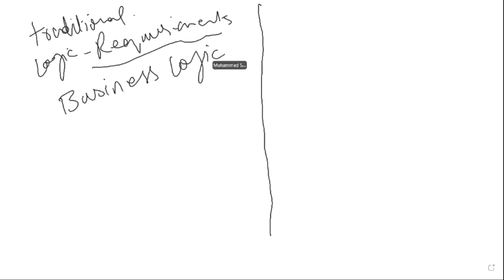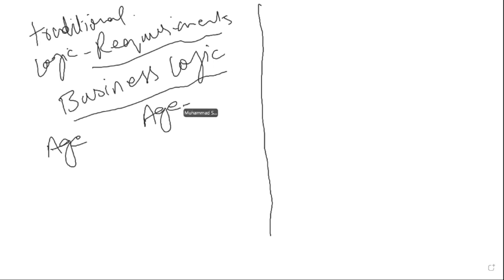And in our applications, we apply this business logic, and based on the logic, the system will execute and generate some sort of output. Now, let me take a very simple example of two variables. One is age, and the other one is age group. And I think it's better to call it age range.